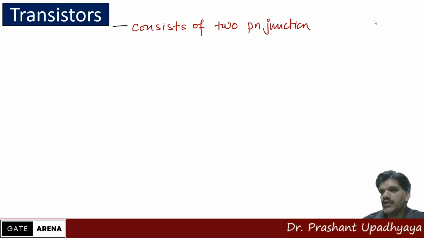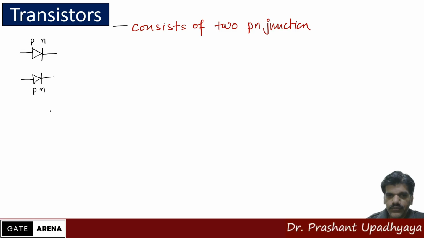So let's take an example of a p-n junction. If you remember, we have got a p-n diode. So it is like this, we can write it as a p n, and again I'm taking this as a p. So it consists of two p-n junctions, and generally what we try to say is that these two p-n junctions form a sandwich structure.